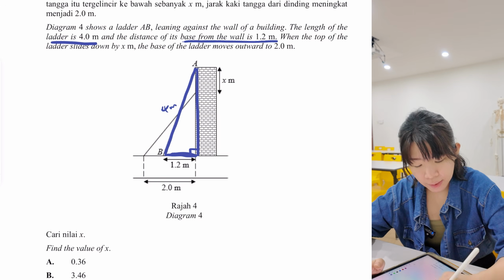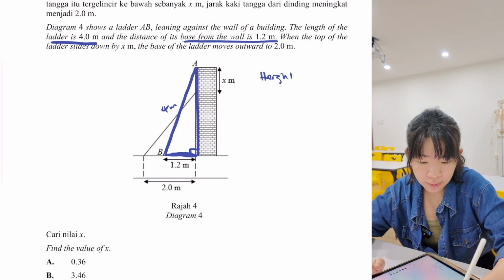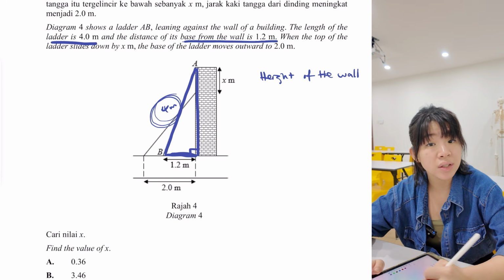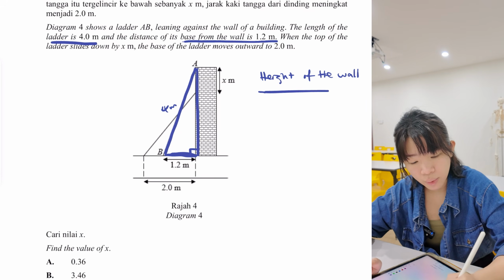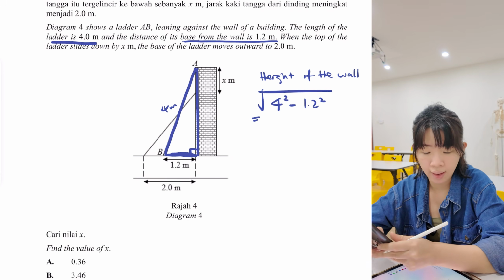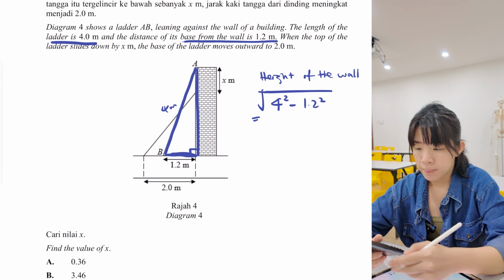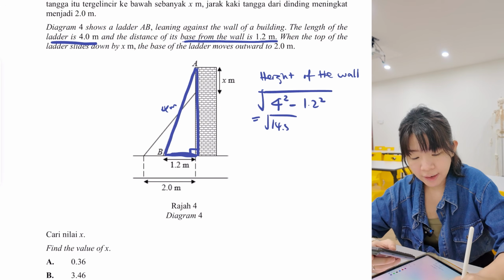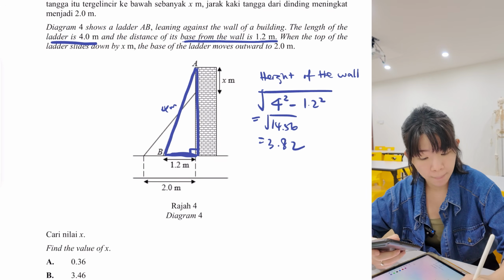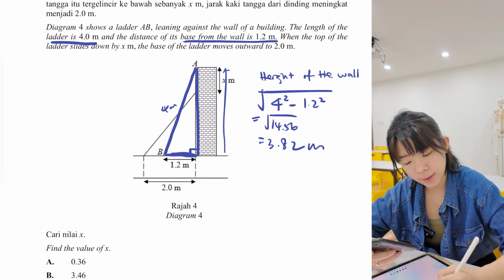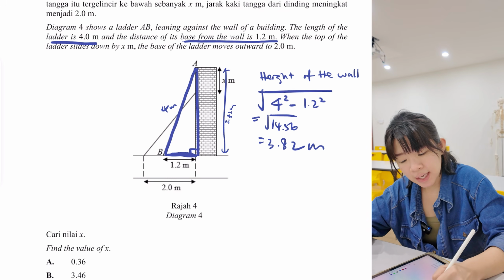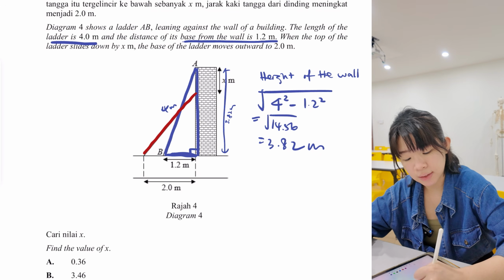I call this the height of the wall. We already have the longest line, 4 meters. So square root of 4 square minus 1.2 square. Square root 14.56, so it is 3.82 meter. So the height of the wall here is 3.82 meter.